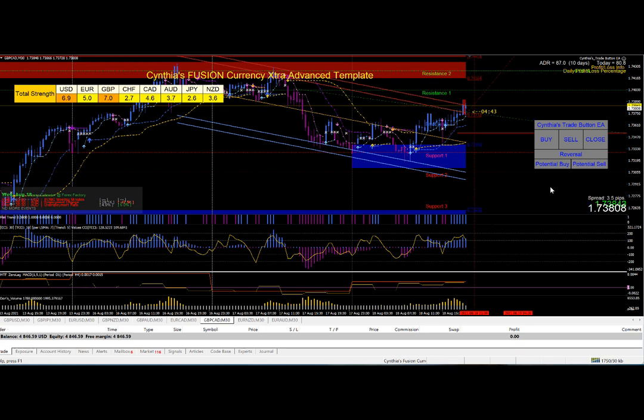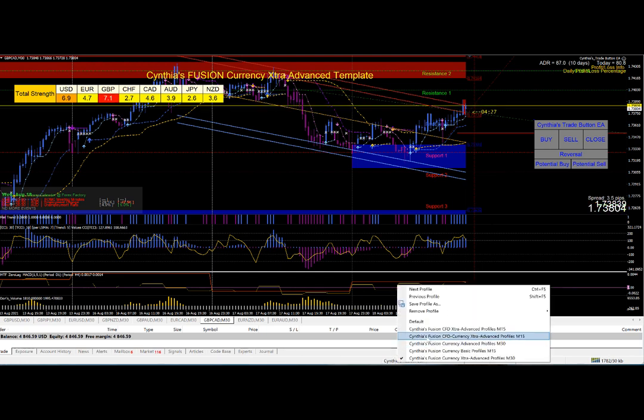Now the very last profile I want to show you, because I've created 5, this would be the CFD currency extra advanced profiles that all open in 15-minute. So all of these other profiles just have 9 pairs in them, but this one has 17.